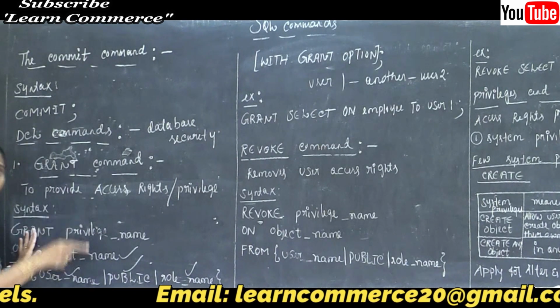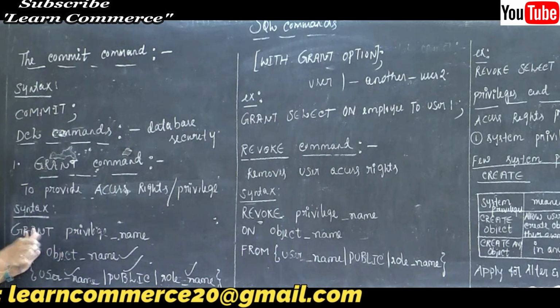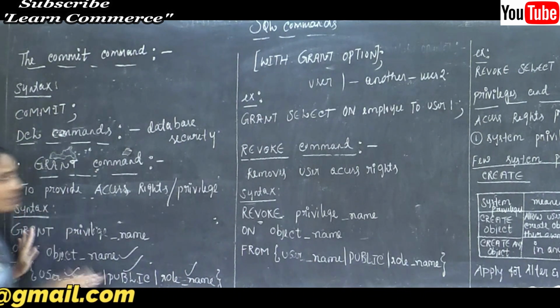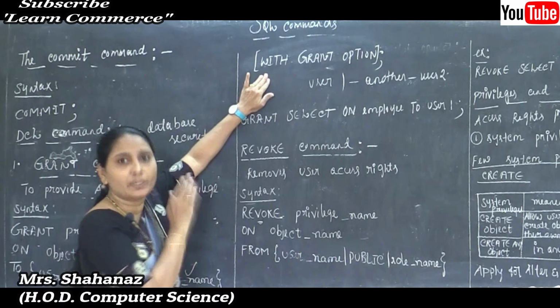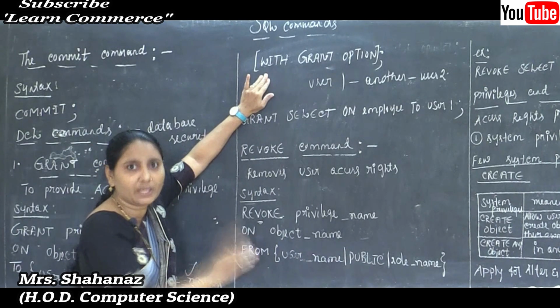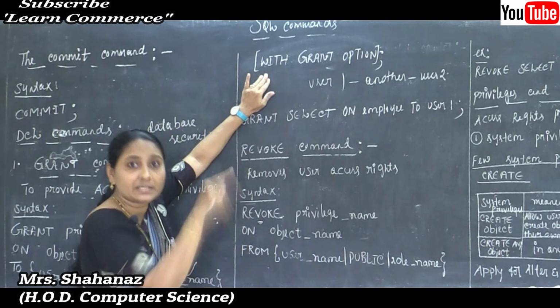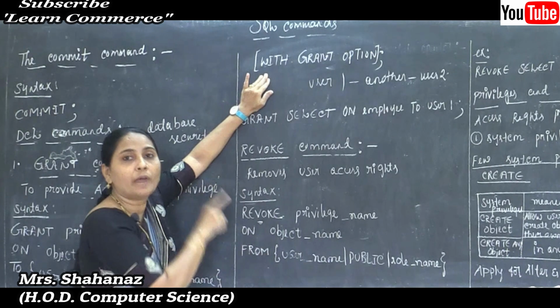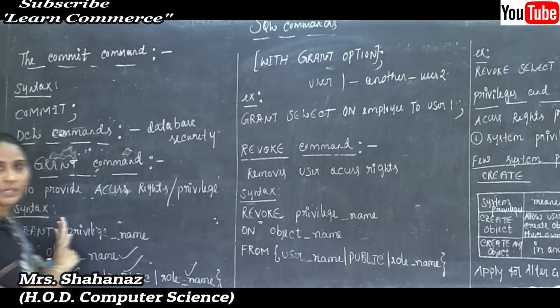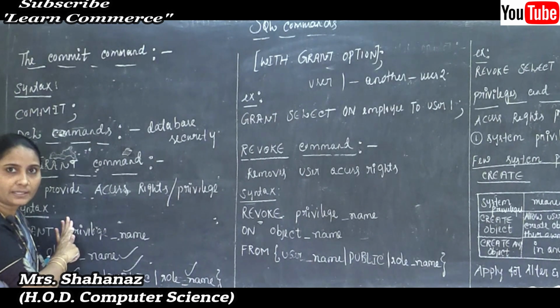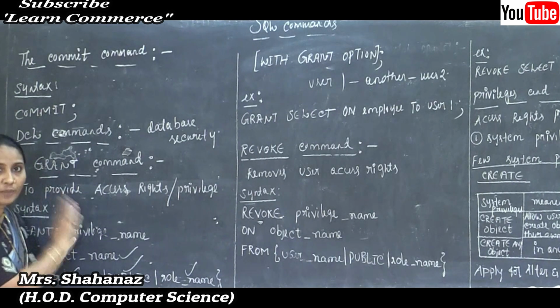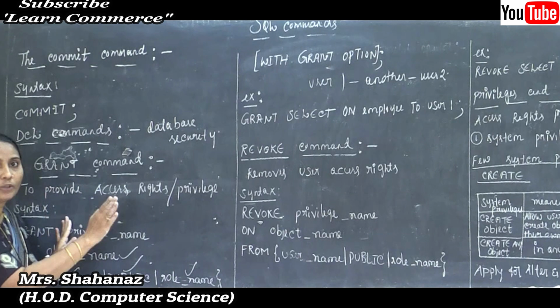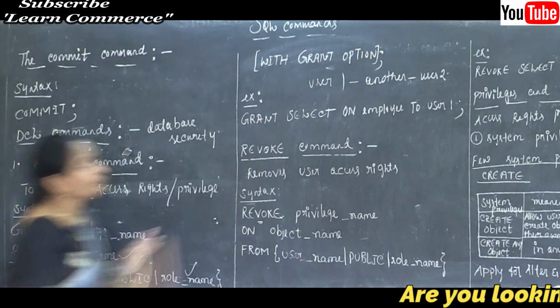But if after that you use the revoke command, we are just removing the permission from user 1, but user 2 still has the permission. The permission is the select permission on the employee table. So this is the difference when you use with grant option in our grant command.